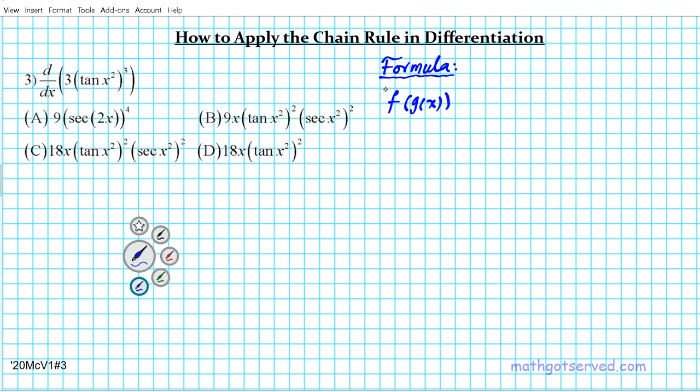So let's say you want to find the derivative of f of g of x. You're going to find the derivative of the outer evaluated at the inner times the derivative of the inner.